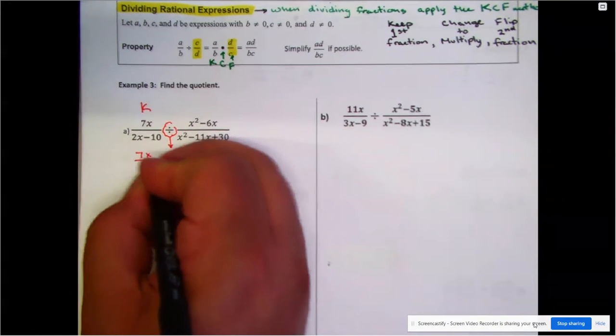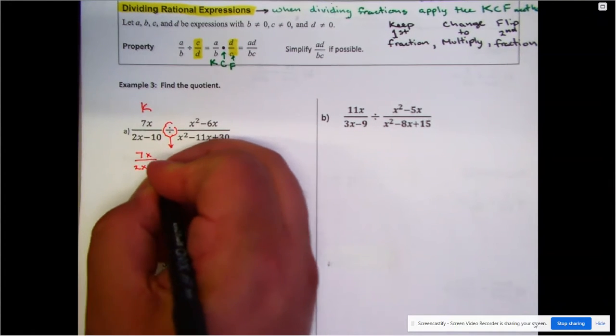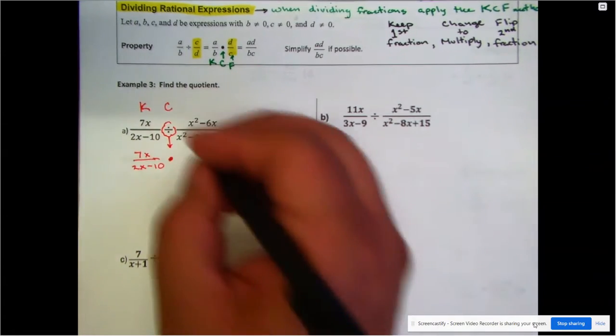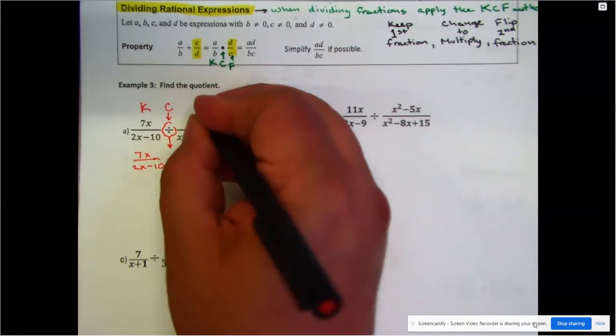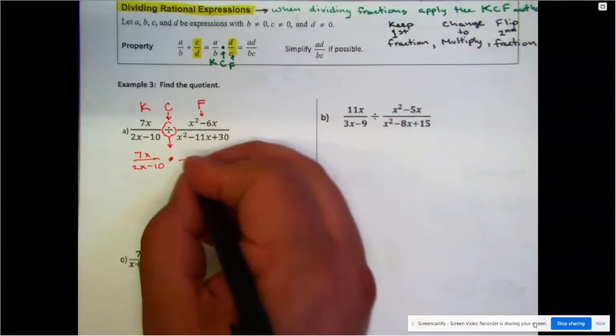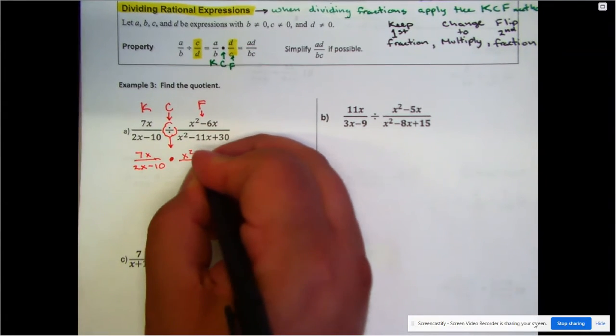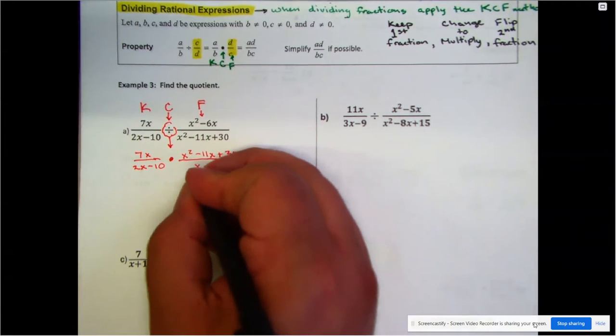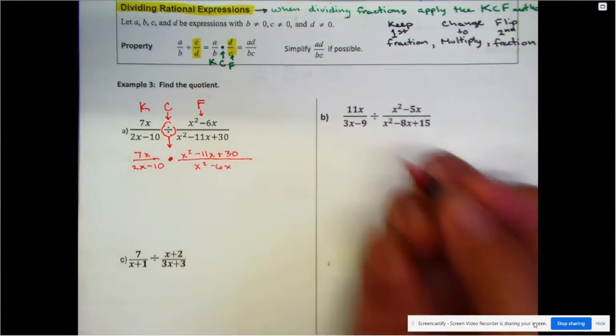So 7x over 2x minus 10. We're going to change it to multiplication. There's the change. And now we are going to flip this one over. And when we flip it over, our x squared minus 11x plus 30 is now at the top, and the x squared minus 6x is now at the bottom.